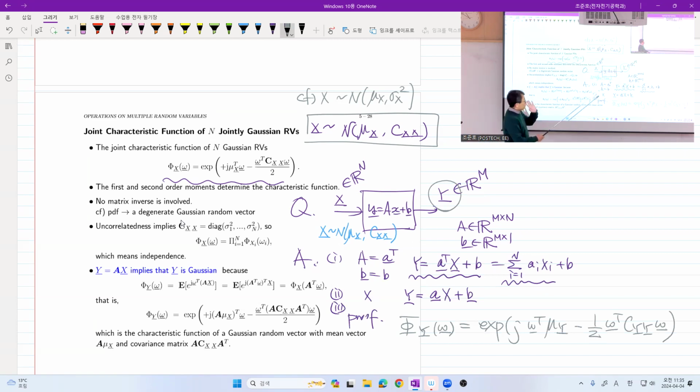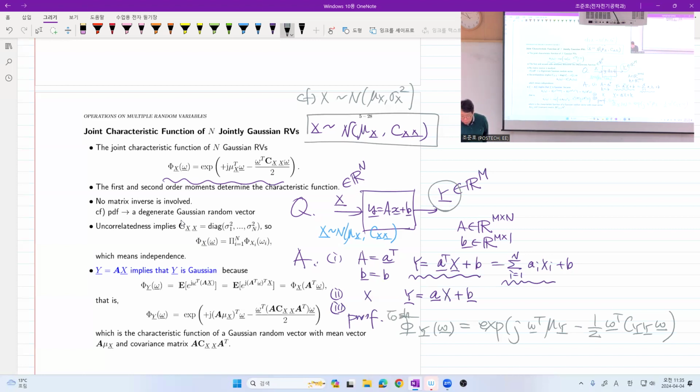So as long as we can find parameters mu sub y and C_yy that satisfy this equality, not just find the mean and covariance, that is simple. You need to show that the characteristic function can be written using the mean and covariance matrix of the y vector like this. Then it's Gaussian.